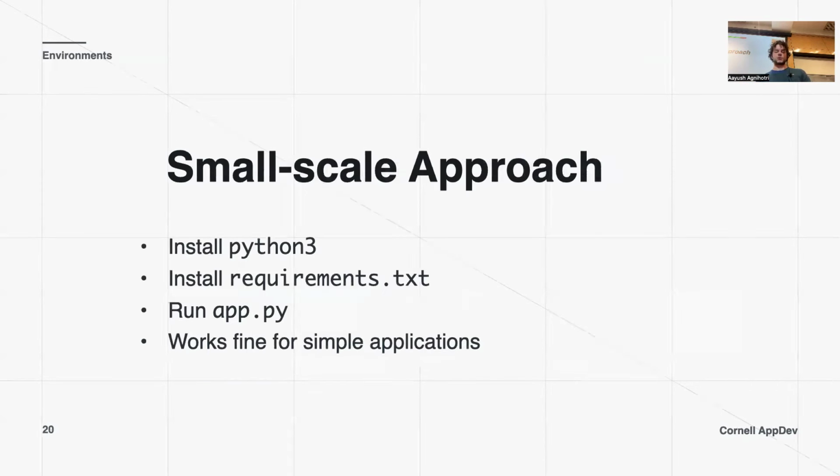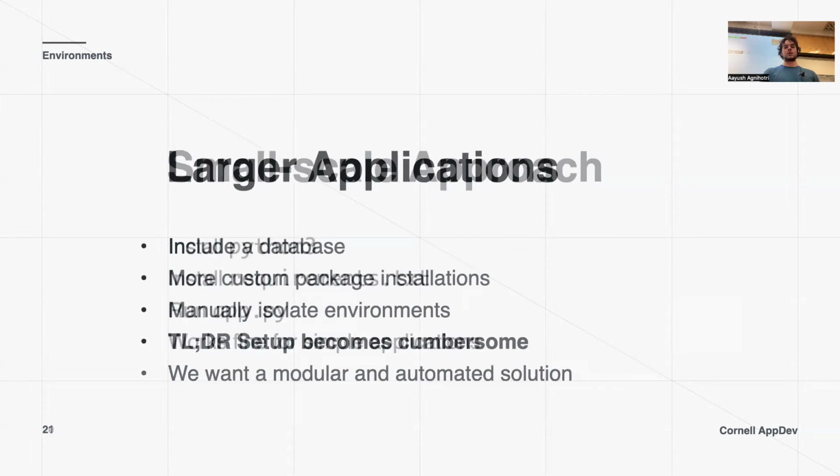And so, yeah, now we're going to talk about actually running apps. The small scale approach that we've been taking is that we first install Python 3, we then install requirements.txt, and then we run app.py. Since our apps have been really small, it works just fine for simple apps. But if you're running a huge app, let's say Uber has a ton of dependencies. You've got Google Maps integration.